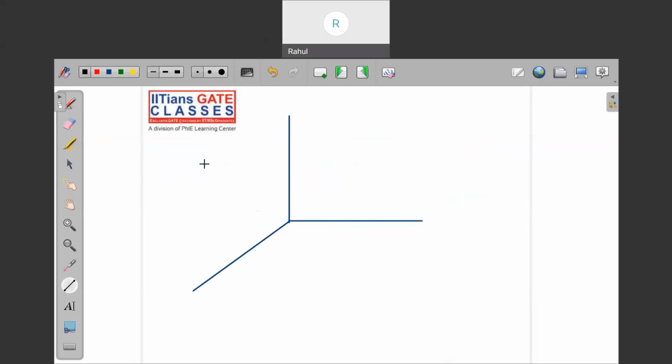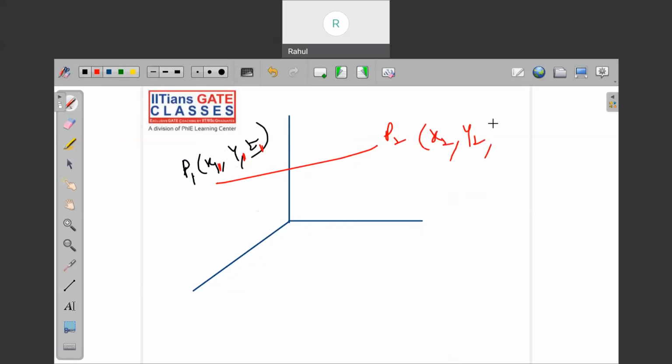Suppose this point P1 is here, having the coordinates x1, y1, z1. And there is a second point P2 here having x2, y2 and z2.